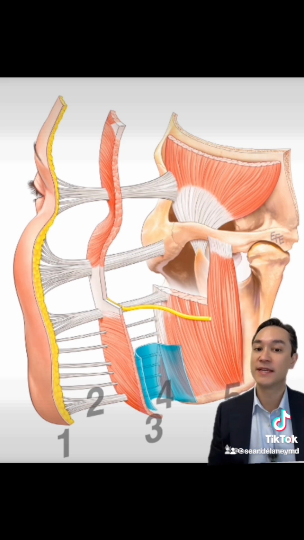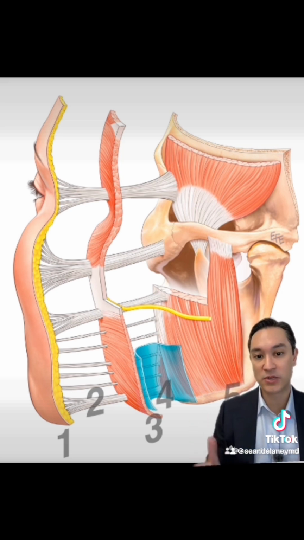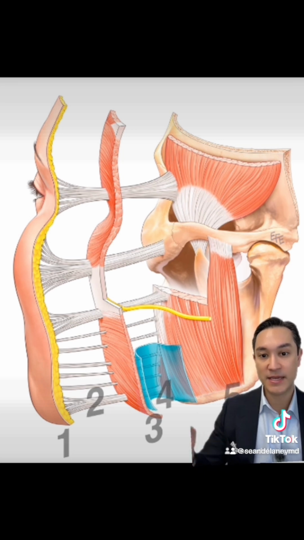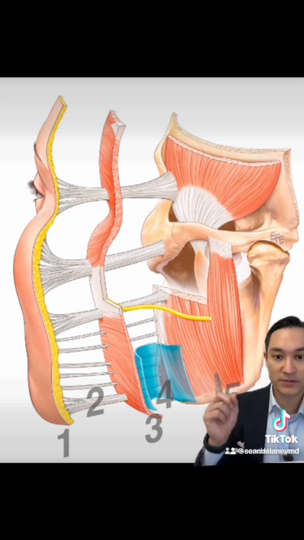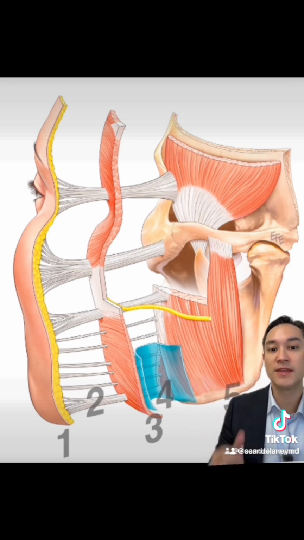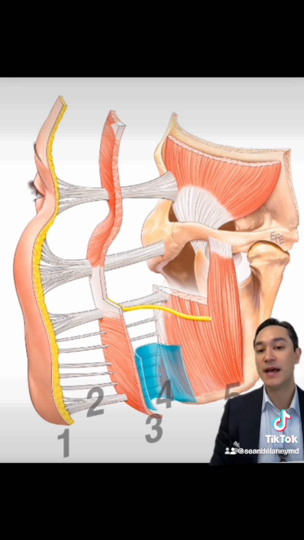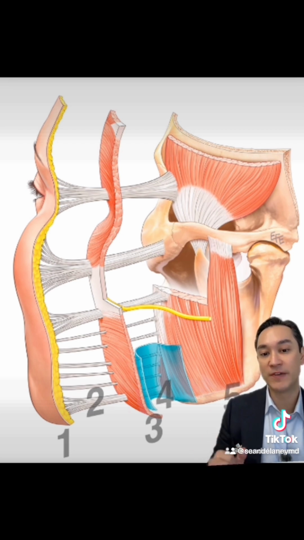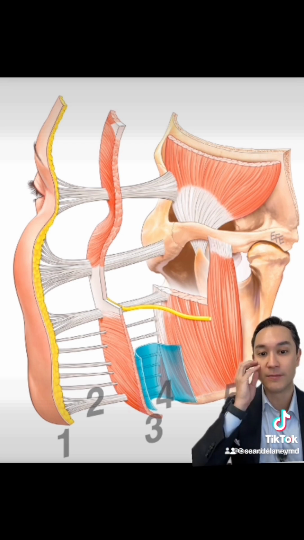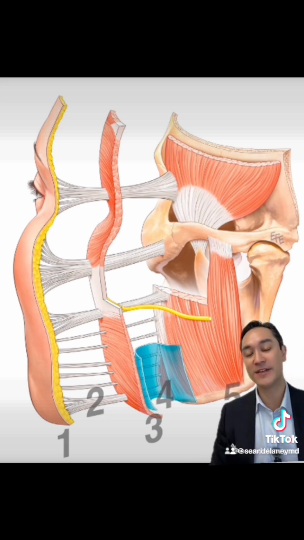What's also really nicely demonstrated with this illustration of the deep face anatomy is you can see all those white structures going across. Those are the facial retaining ligaments. Those ligaments help keep the face in place so your skin doesn't slide off as you age.